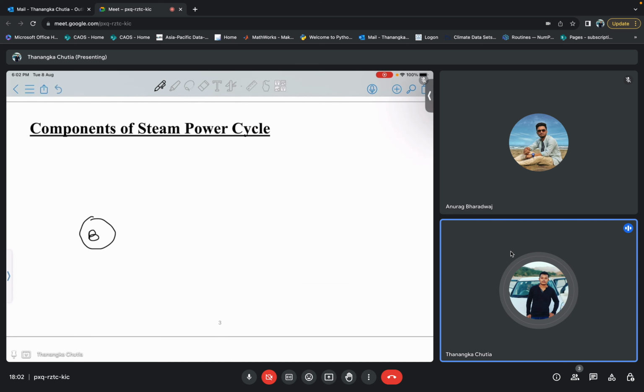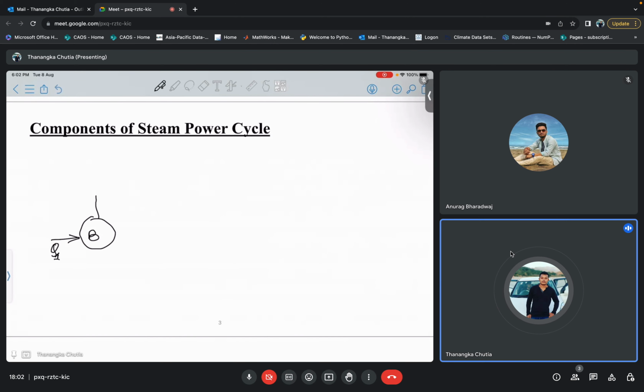There will be one boiler where some amount of heat is taken, let's say Q1, as I denote it. That heat is given either by burning coal or by whatever process you use, and in this boiler the water is converted into steam.